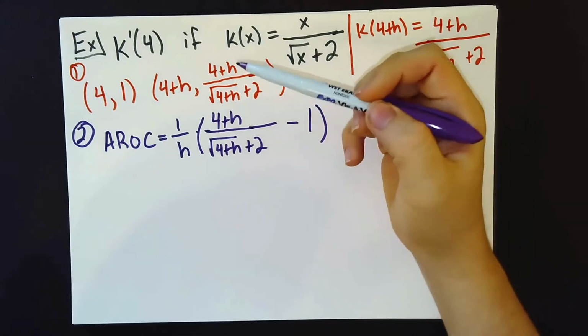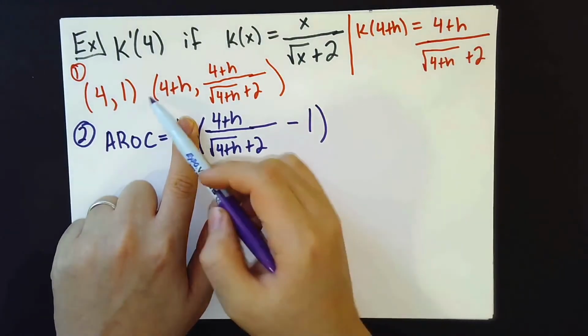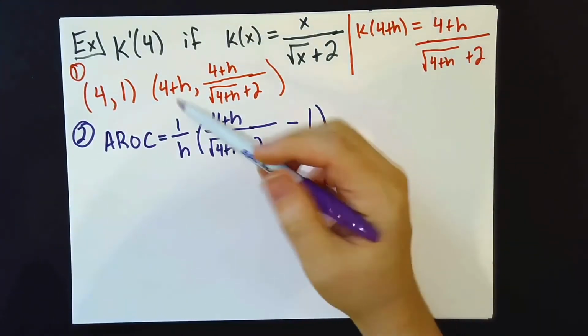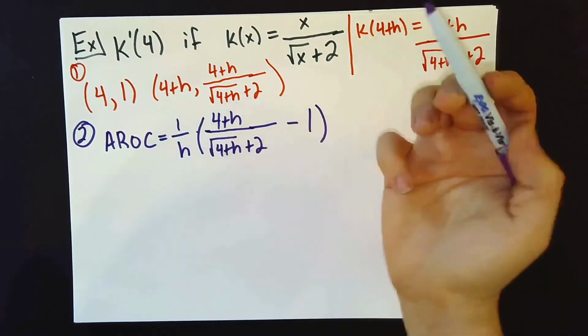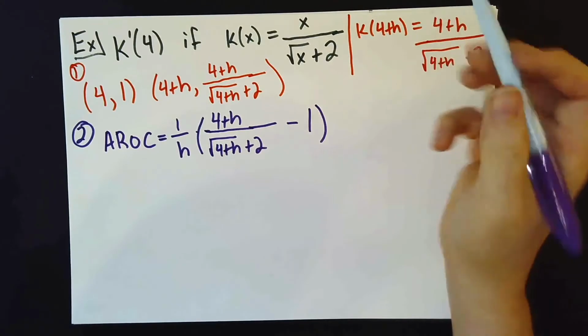So normally it would be that minus that divided by 4 plus h minus 4, but instead of dividing by h, which is 4 plus h minus 4, I'm just going to write 1 over h times.